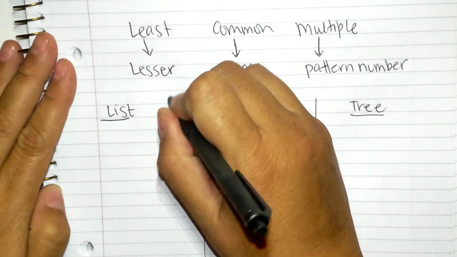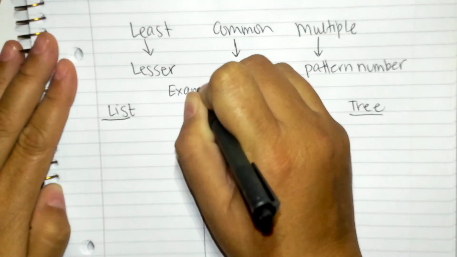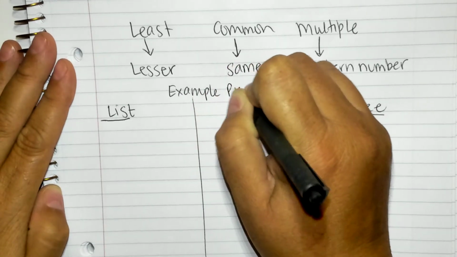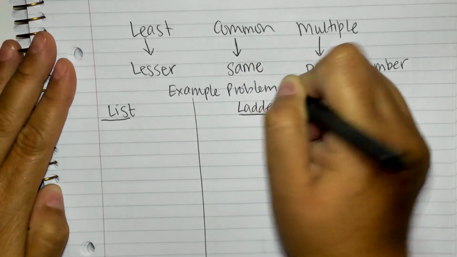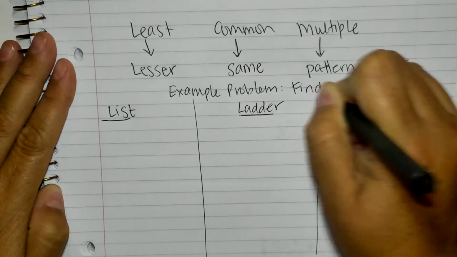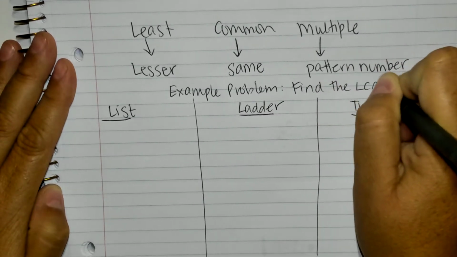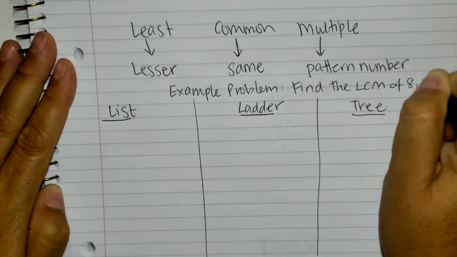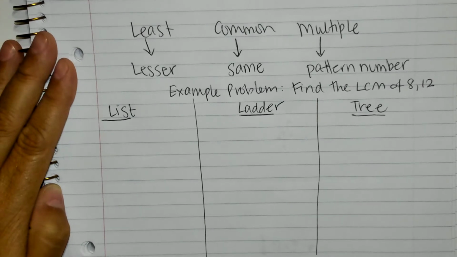Okay, so our example problem is find the LCM of 8 and 12. Find the LCM, or least common multiple, of 8 and 12.